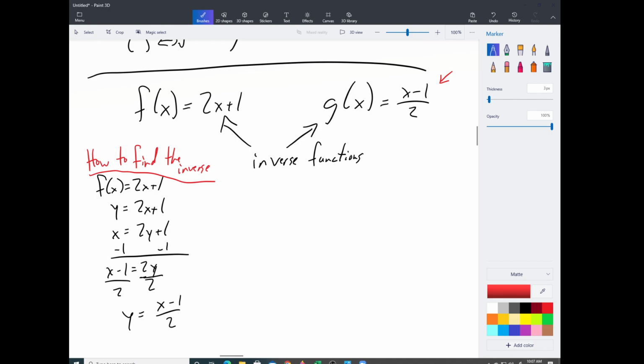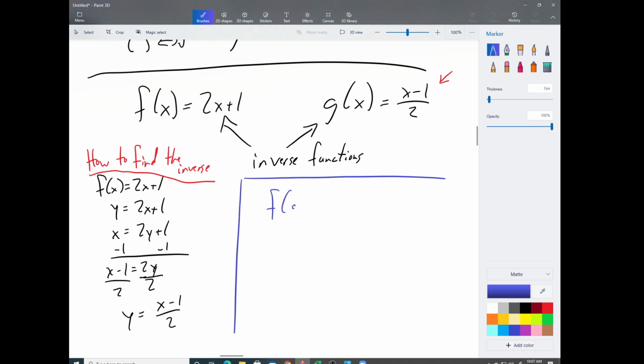Okay, so here is the rule that I do not know if you learned before. If you take the composite function, in other words, you plug your g function into your f function, or your f function into your g function, and you get out something very specific, these two functions are inverses. That very specific thing is exactly x.